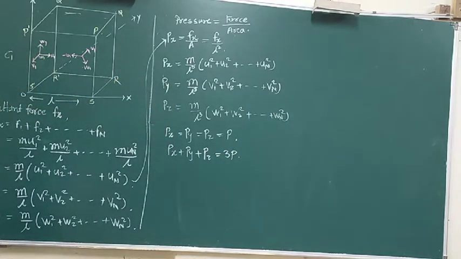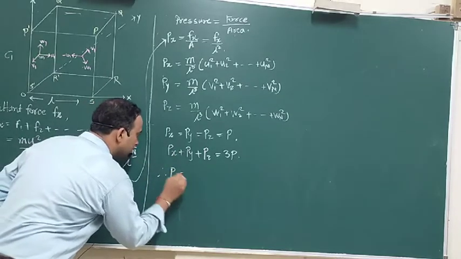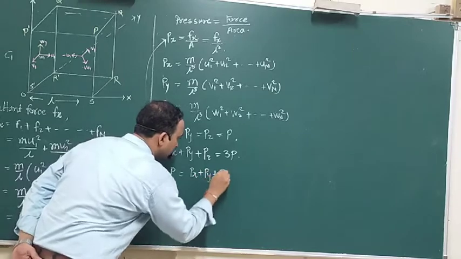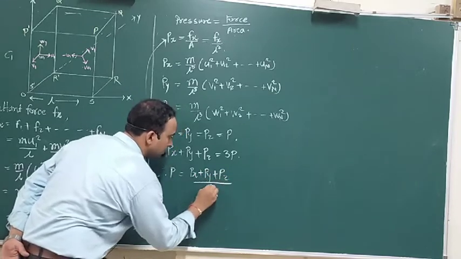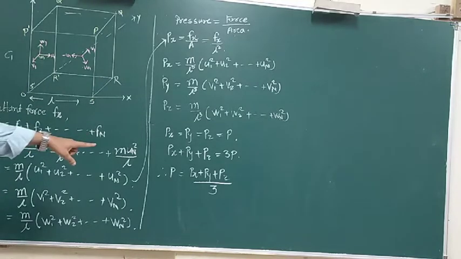Therefore P is equal to Px plus Py plus Pz upon 3. Okay, so now substituting the values of Px, Py and Pz.